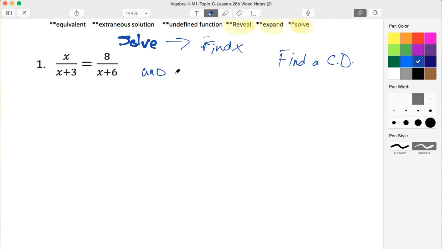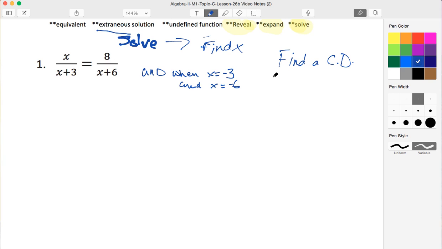That means when x is equal to -3 and when x is equal to -6, this would become undefined. That's not good. It's going to help us because once we solve, if any of our answers become -3 or -6, then we know they're extraneous.